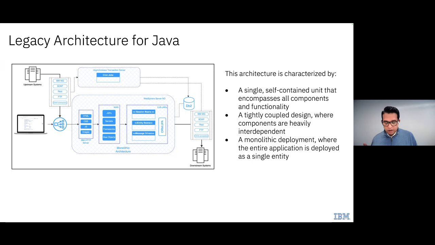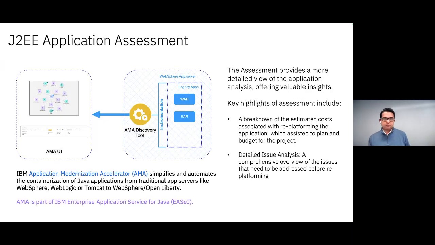So with this, I'm going to talk about the first tool, or the modernization accelerator, which we use for J2EE modernization. As I said, our journey begins with an assessment. I'm talking about a tool here, Application Modernization Accelerator. I may refer to it as AMA in my future talk.